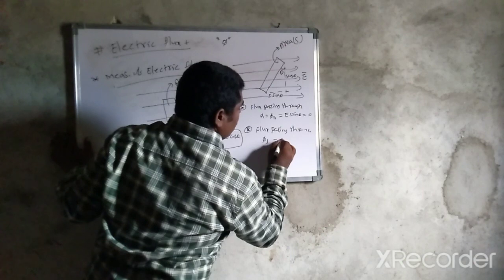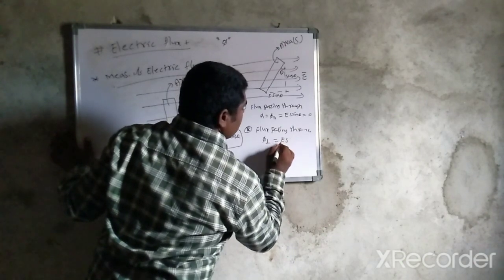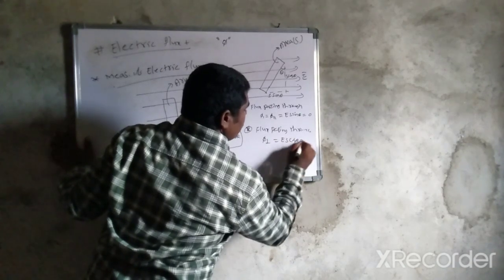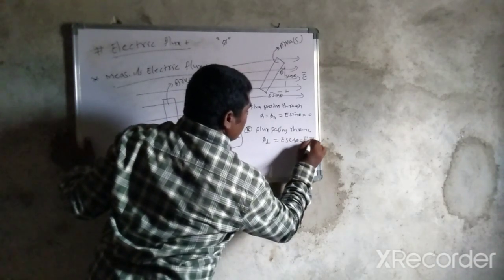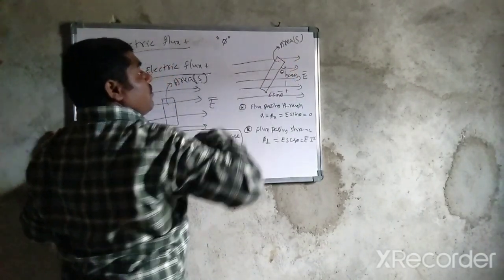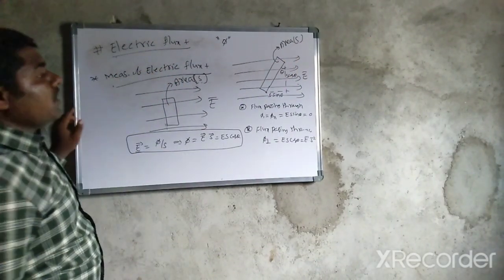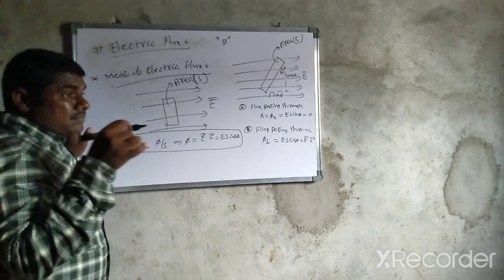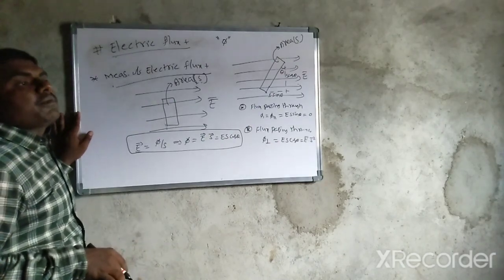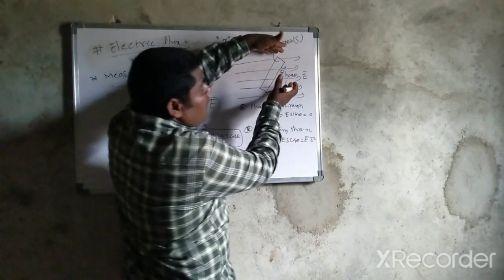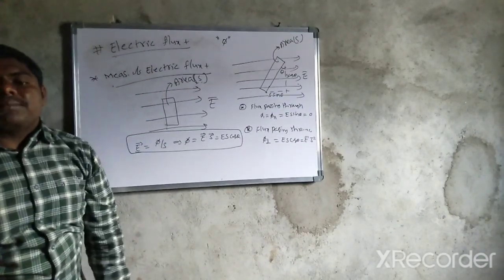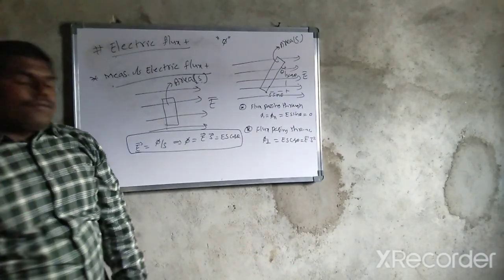In the second important point, the flux passing through the perpendicular area is equal to E S cos theta, which is equal to E bar dot S bar, in perpendicular only. Already I said the measurement of electric flux is the number of electric flux lines passing through unit normal area. Normal is nothing but perpendicular to the electric field.